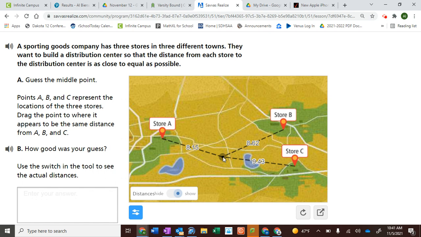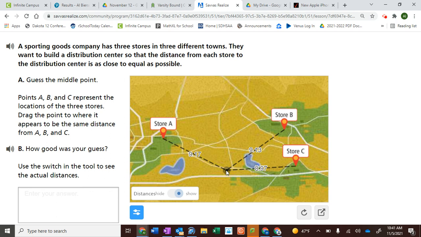So now if I move that point down to there, that's pretty close. If I go just a little to the right, and a little up, what should they probably be from each store? 9. It should probably be 9 from each store. Okay?